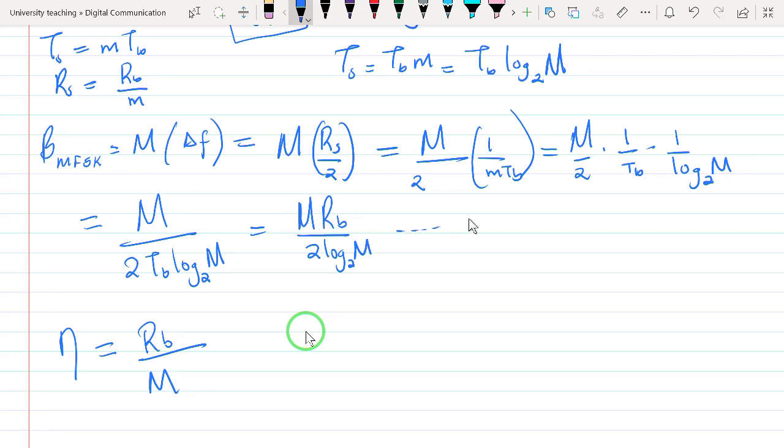You can call this one equation 2. So we are putting equation 2 here, which is M RB, and what was in the reciprocal, we can put in the numerator, which is 2 log to base 2 of M.